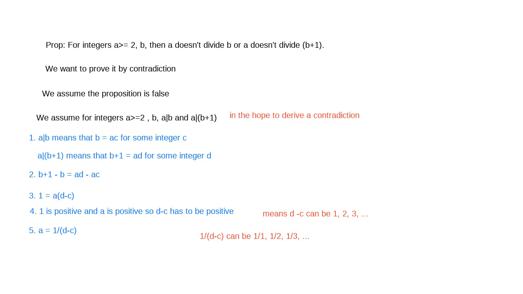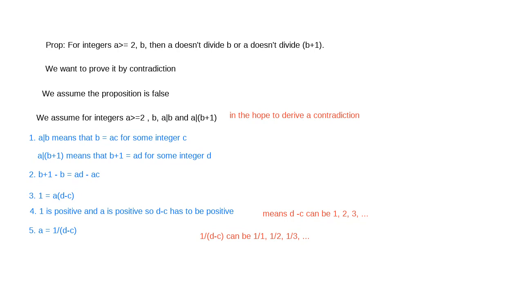So see that? Which means a can be, well, a less than 2. You see 1 over d minus c can be 1 over 1, which is 1, 1 over 2, 1 over 3. So at the most 1.